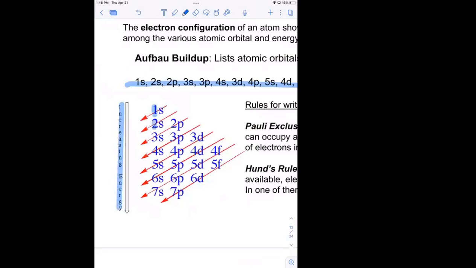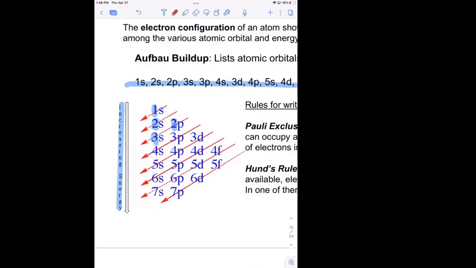In the second energy level, you have two sets of orbitals, what they call subshells, 2s and 2p. In the third energy level, you've got 3s, 3p, and 3d. Fourth energy level, 4s, 4p, 4d, and 4f. Fifth, 5s, 5p, 5d, and 5f. And then in the sixth, you go back to three subshells, s, p, and d. And then the seventh is s and p.